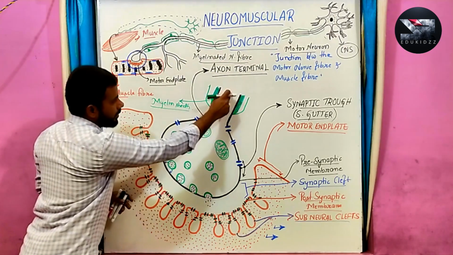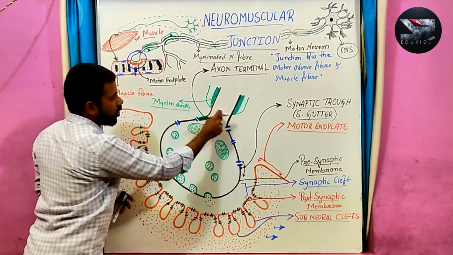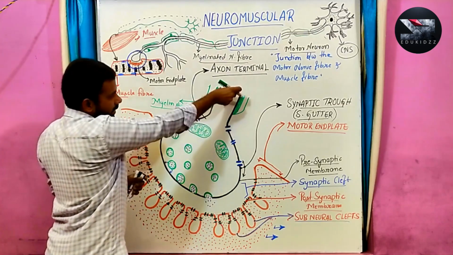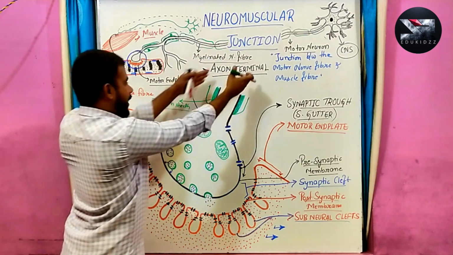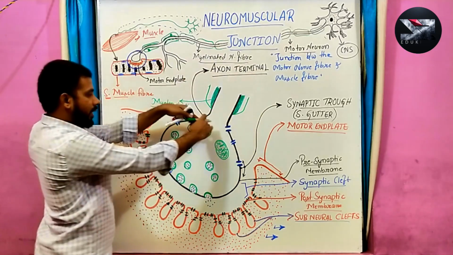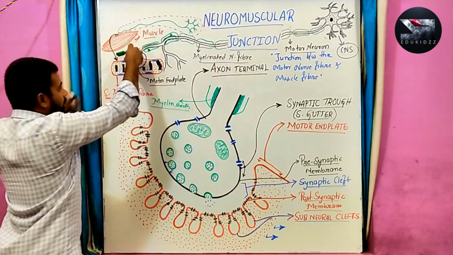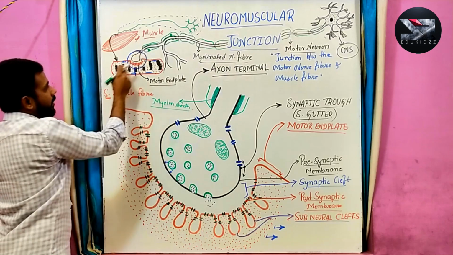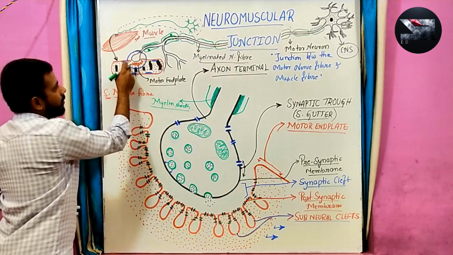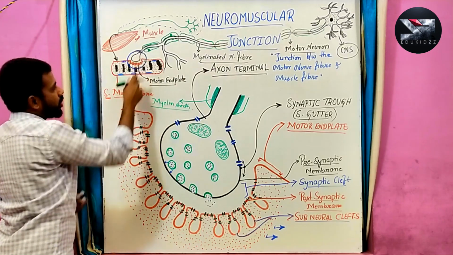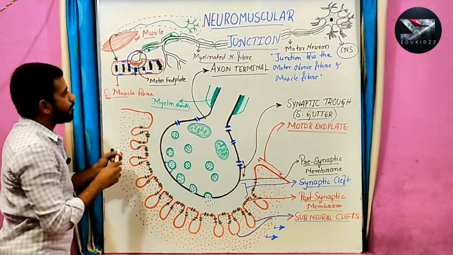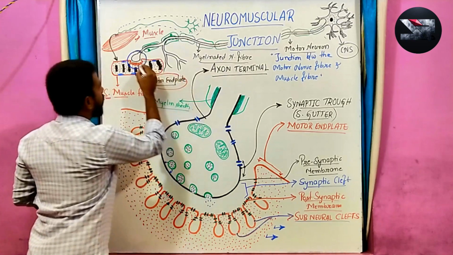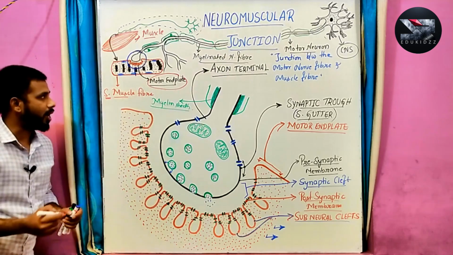As the axon terminal loses its myelin sheath, the axis of the axon cylinder enlarges and produces a depression in the muscle fiber, and that depression results in the formation of the motor end plate in the sarcolemma of the muscle fiber.